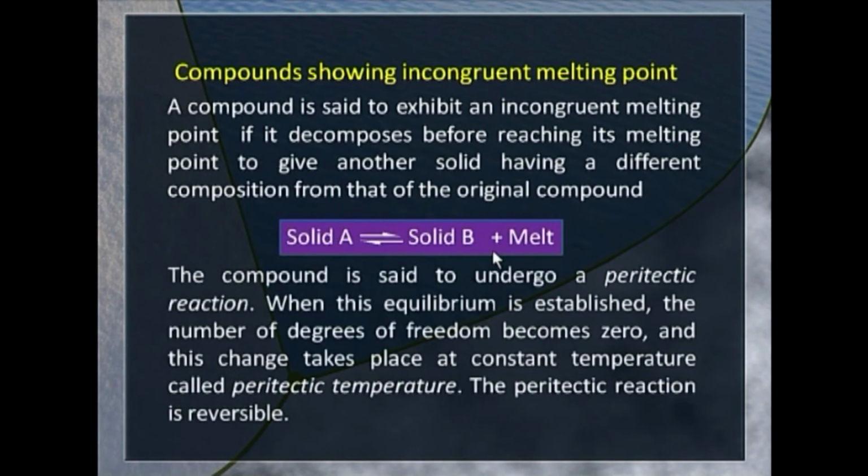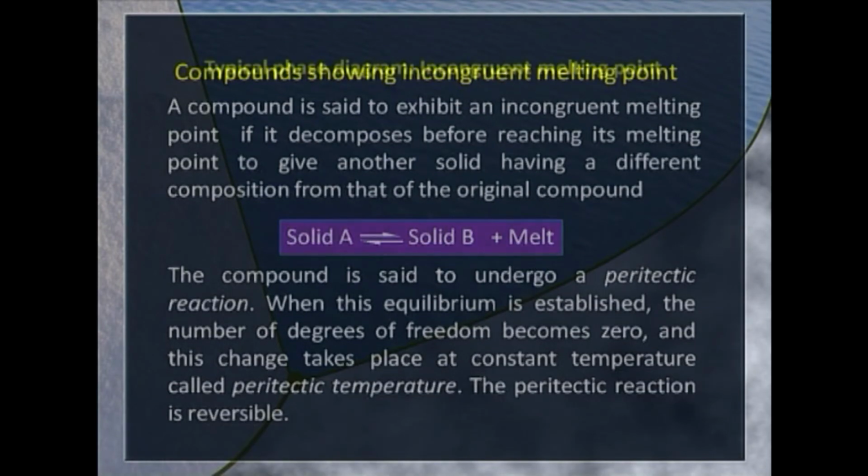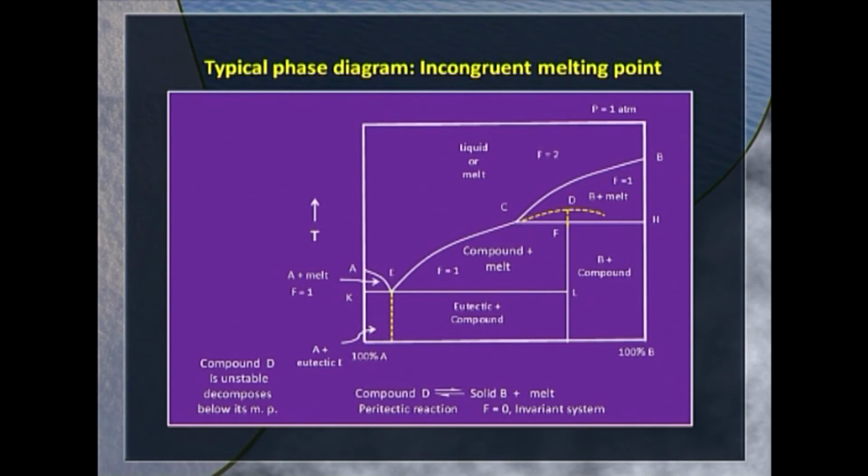A compound which is undergoing such a decomposition is said to undergo a peritectic reaction, and when the peritectic equilibrium is established, you can clearly see 1, 2 and 3 phases together, which makes the number of degrees of freedom 0 and ultimately gives us a diagram which is different from the diagram that you saw in the earlier case.